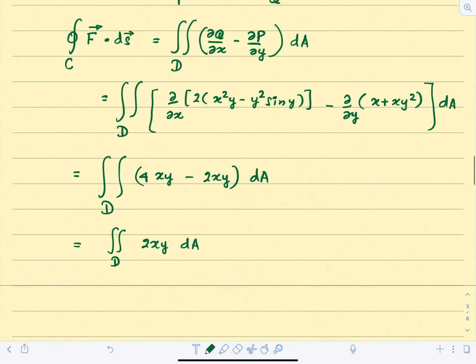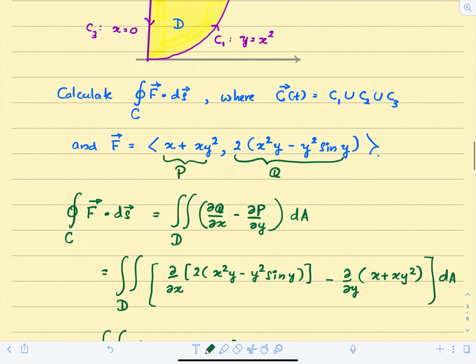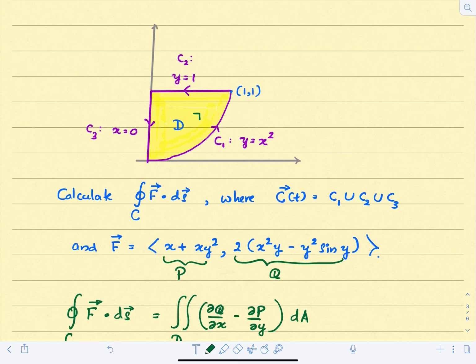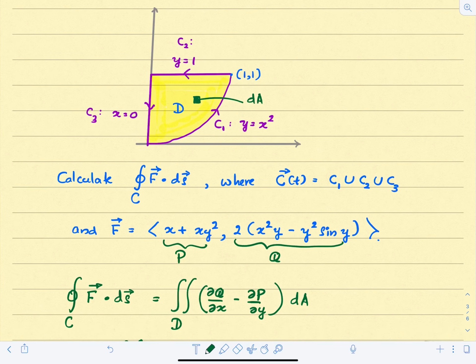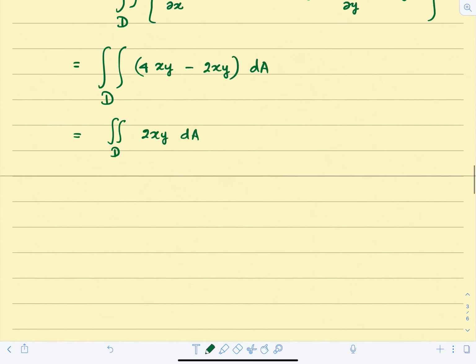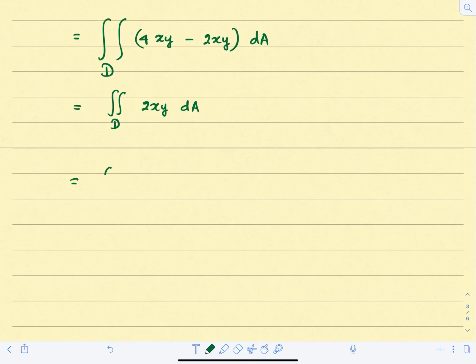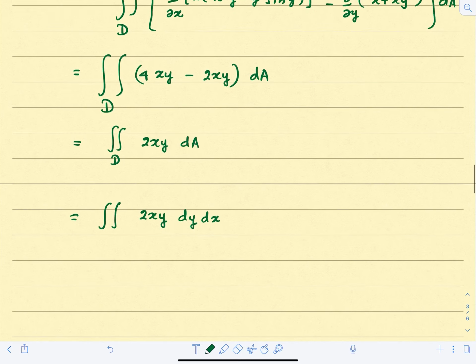Now what is dA? dA is an area element on the xy plane. So if this is your dA, let's see, I think we should consider 2xy dy dx. Okay, let's do that.